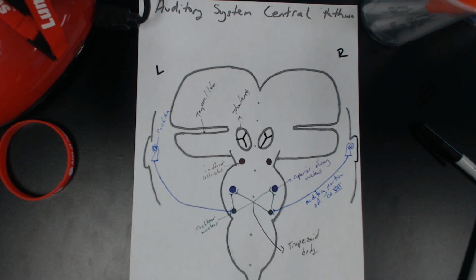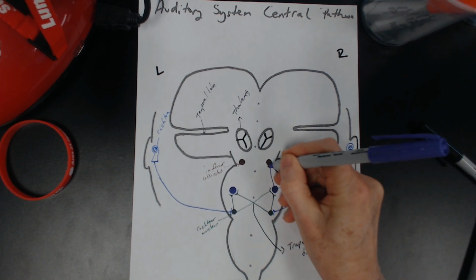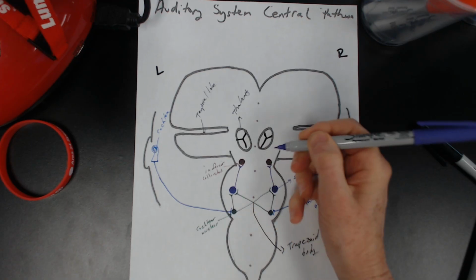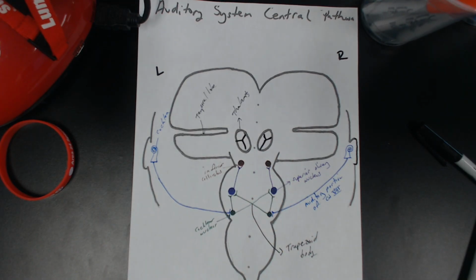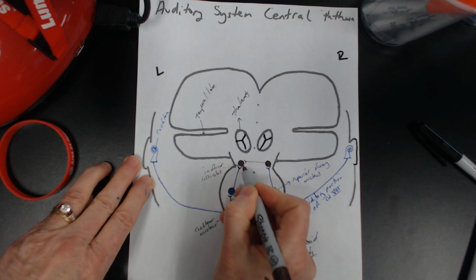So the superior olivary nucleus sends out axons that travel ipsilaterally to the inferior colliculus. Okay. And then at the level of the inferior colliculus, this information is again crossed back to the opposite side.